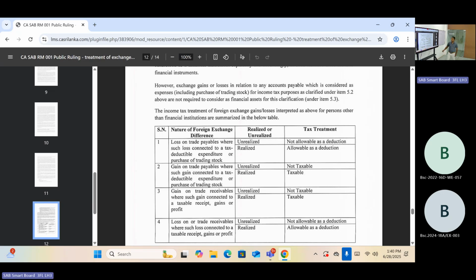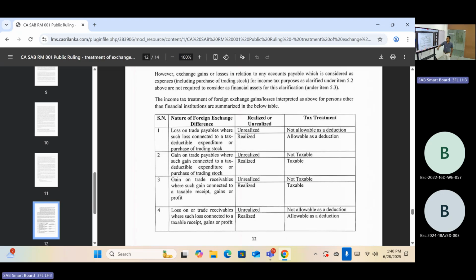So it says loss on trade payable, where such loss is connected to tax deductible expenditure or purchase of trading stock. Trade payable could be on purchase or expenditure. It says it is connected to the taxable activity.